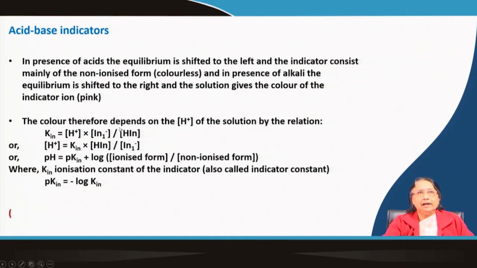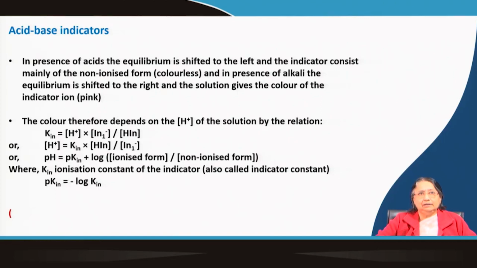The color therefore depends on the H plus ion concentration of the solution by the relation. How? K indicator, this is the equilibrium constant, because you can think that HIn is giving H plus plus In minus.